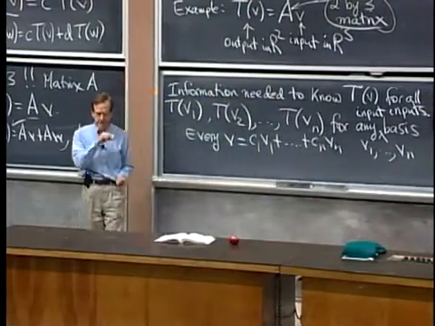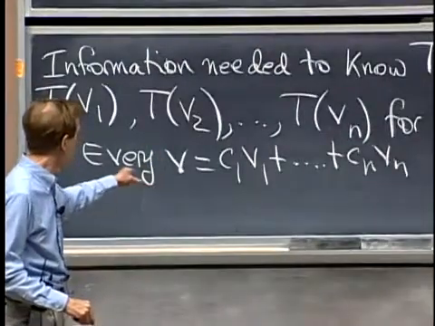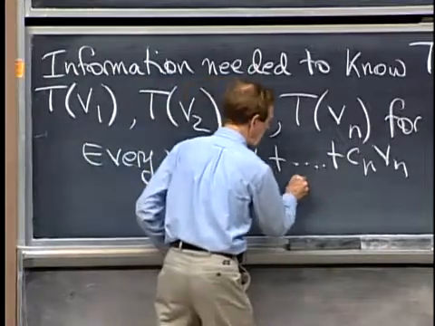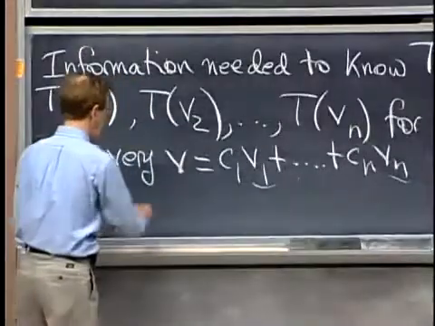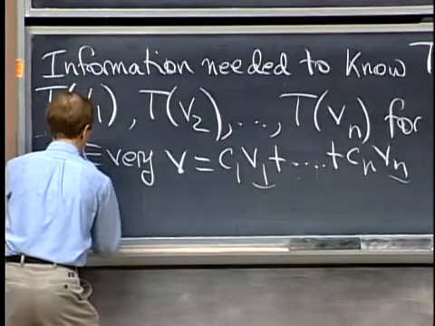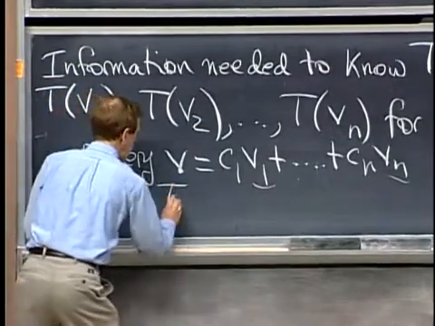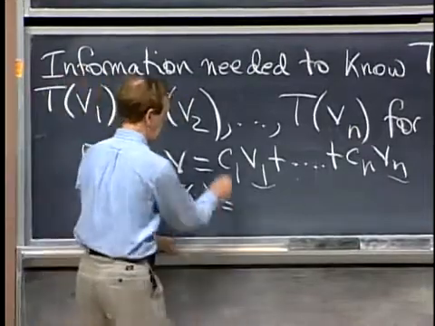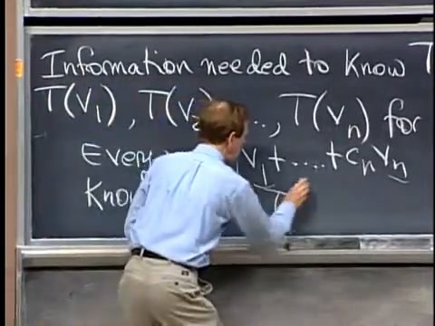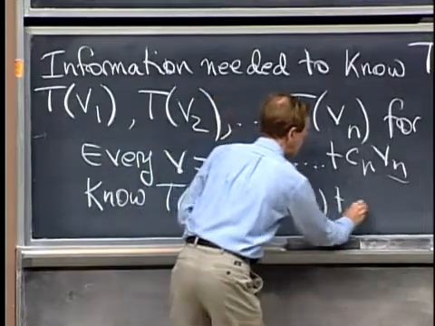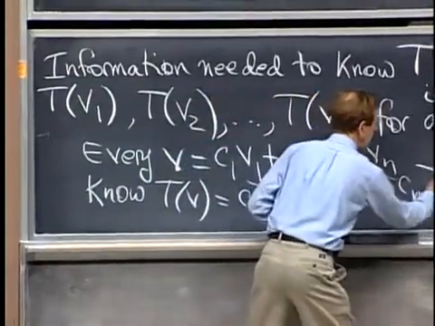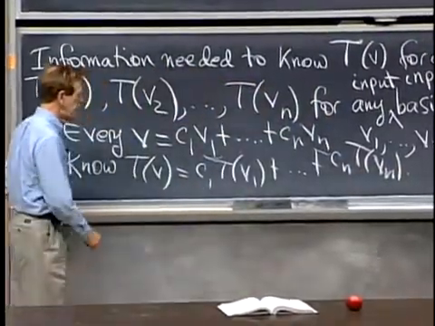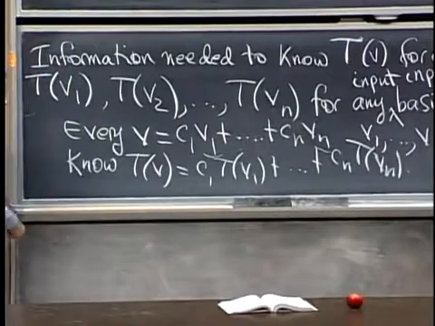It spans the space. And if I know what T does to v1, and what T does to v2, and what T does to vn, then I know what T does to v. By linearity, it has to be c1 T of v1 plus so on plus cn T of vn. There's no choice.